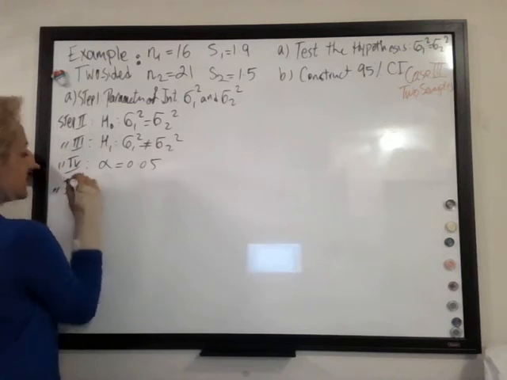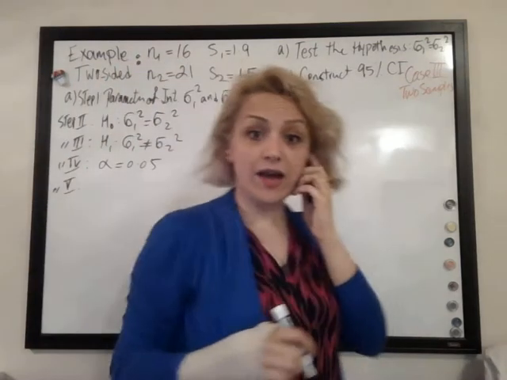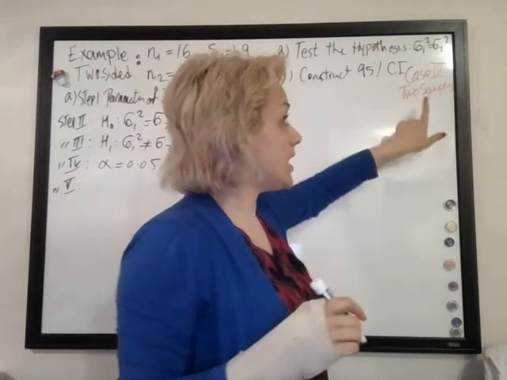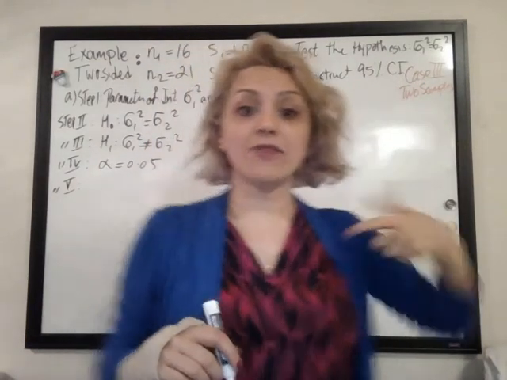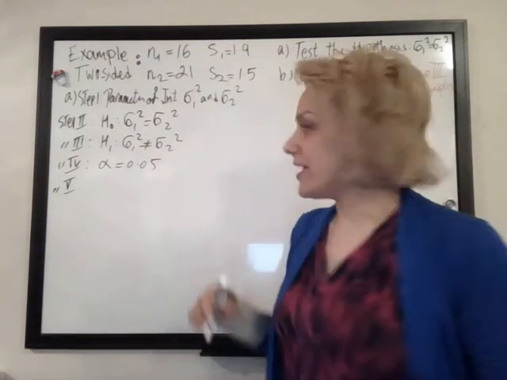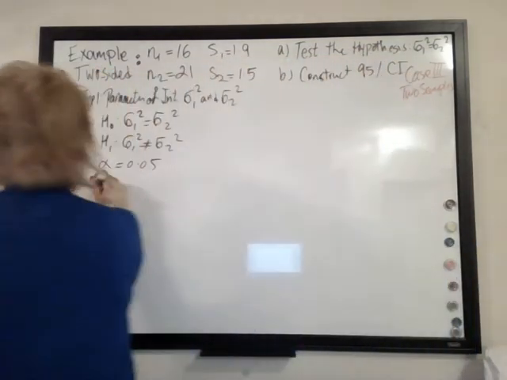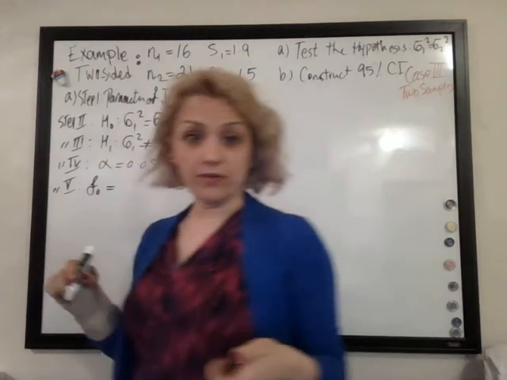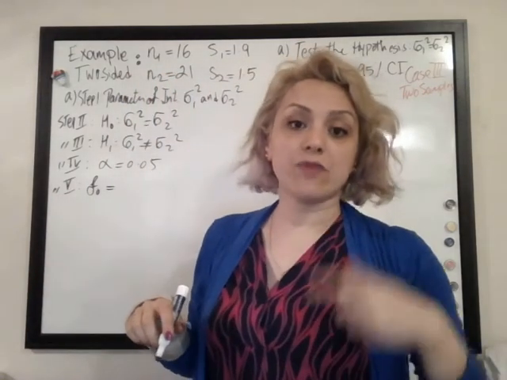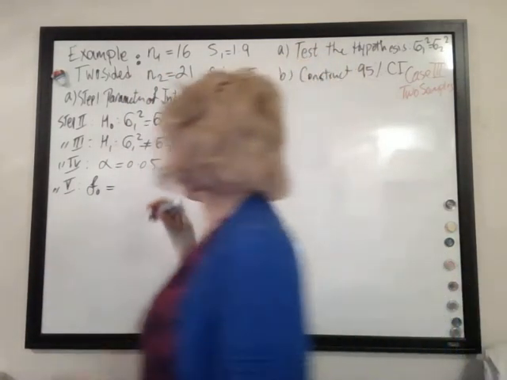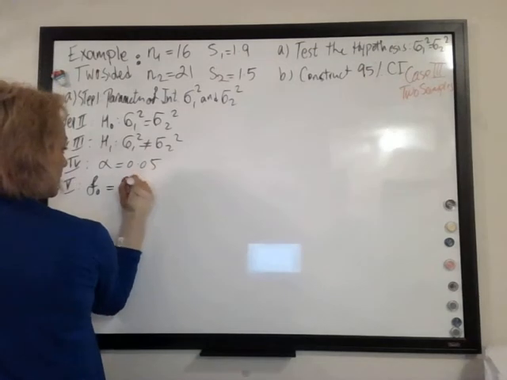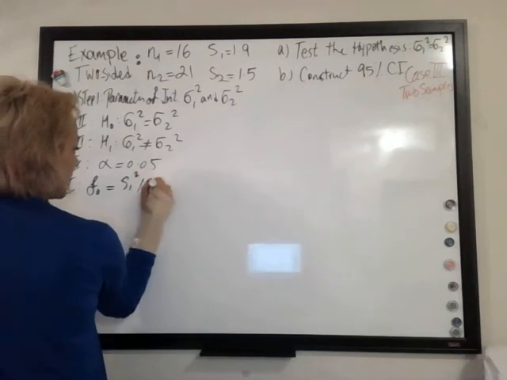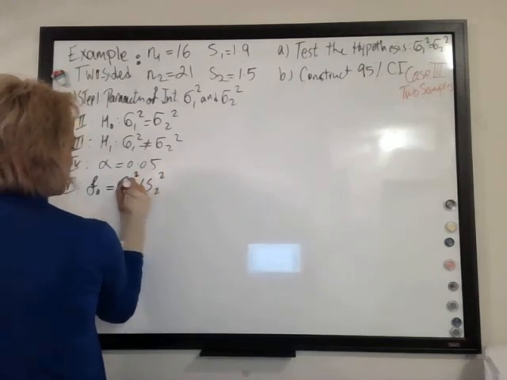For the test statistic, we said that when we are in case 3 with 2 samples, we are going to use the F table. So I would say my test statistic is F null, which is F observed, equal to S1 power 2 divided by S2 power 2. So I'm going to write down here S1 power 2 divided by S2 power 2.